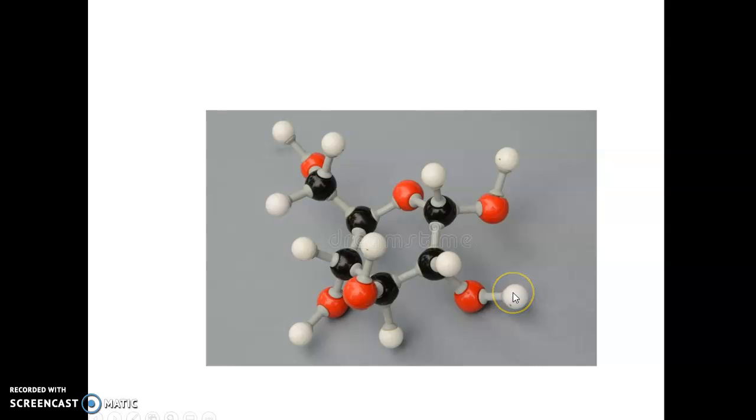You will again attach another very similar unit to carbon 2, and then another hydrogen and oxygen to carbon 3, another hydrogen and oxygen to carbon 4. Carbon 5 you won't do anything with, and carbon 6, the one that sticks out as a spoke, will get a carbon-hydrogen combo.